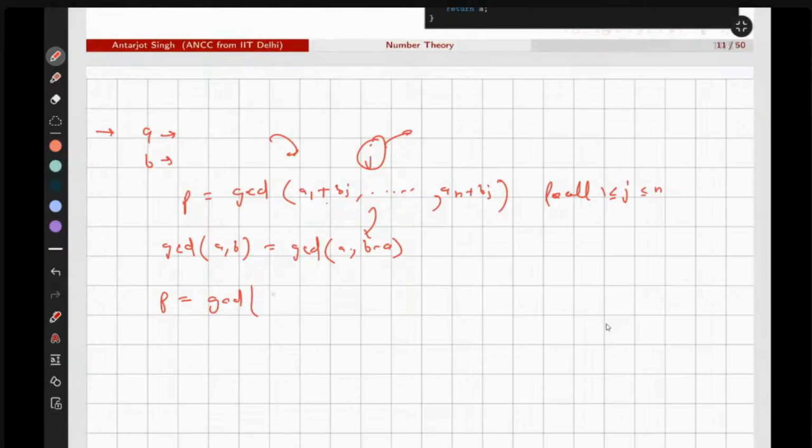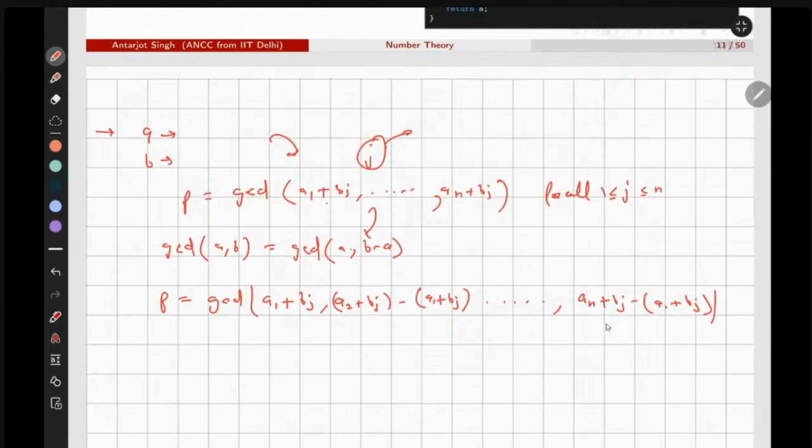So A1 plus Bj, A2 plus Bj minus A1 plus Bj, and so on till An plus Bj minus A1 plus Bj. So P is just the GCD of A1 plus Bj and A2 minus A1 till An minus A1.